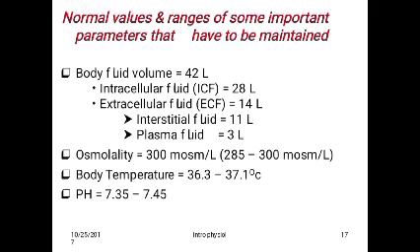Intracellular fluid, ICF, 28 L. Extracellular fluid, ECF, 14 L. Interstitial fluid 11 L. Plasma 3 L. Osmolality equals 300 mOsm per L, or 285 up to 300 mOsm per L. Body temperature 36.3 up to 37.1 degrees centigrade. pH 7.35 up to 7.45.